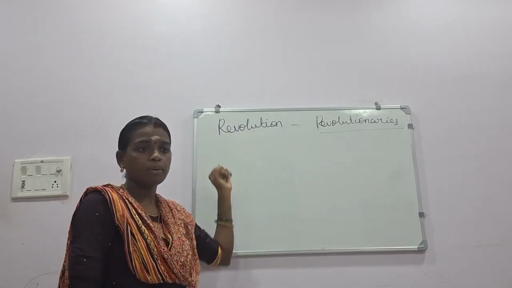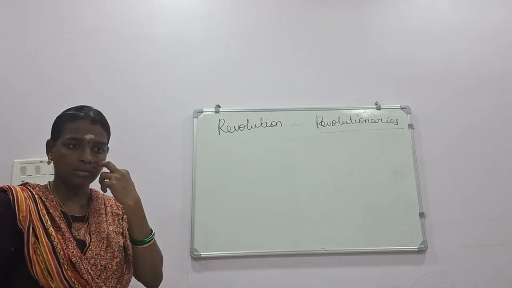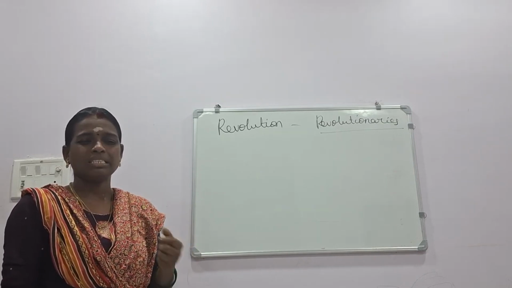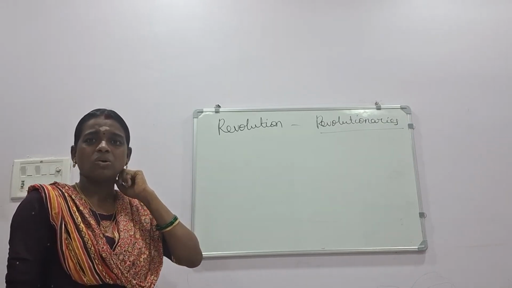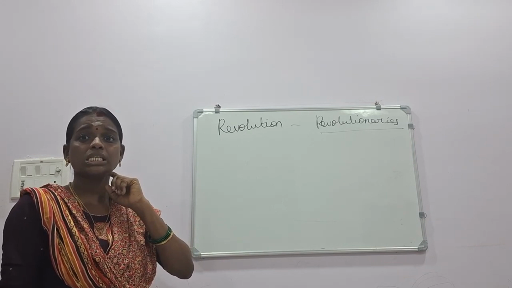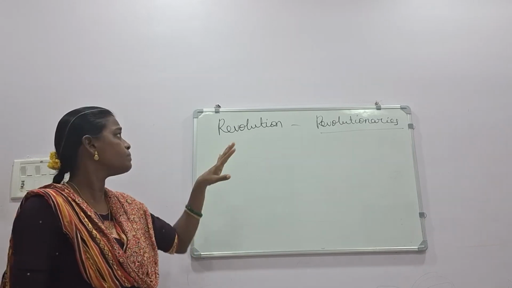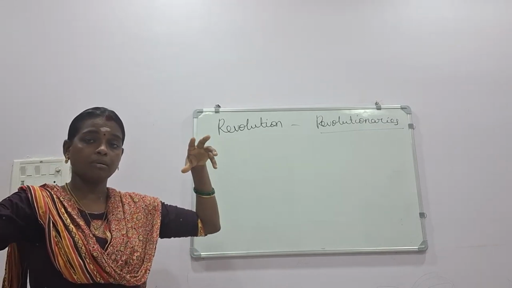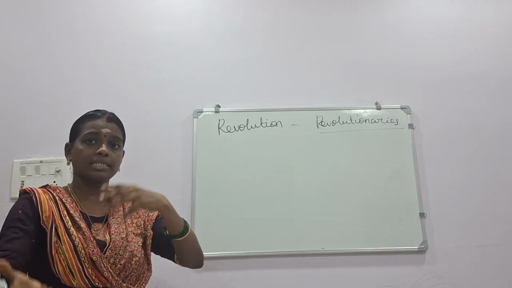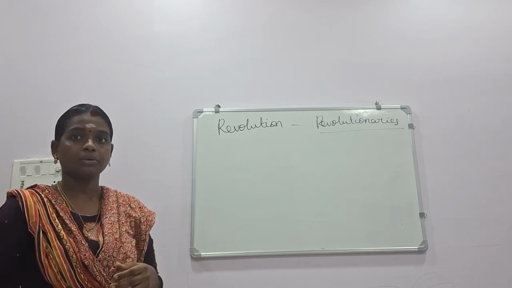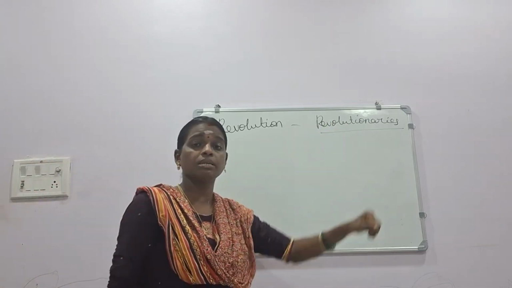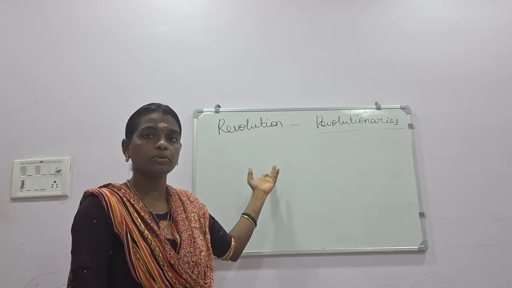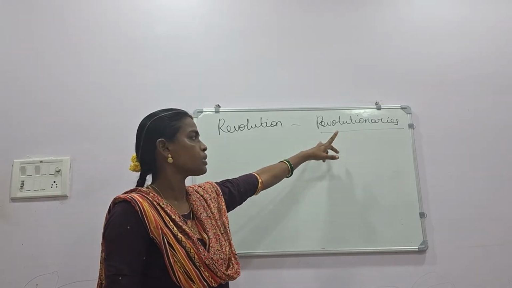Revolution means the people who fight against some government, somehow they demanded something from the government. That is like a struggle or a revolution or a mutiny. People, as a mass, fight against the government for some reason. That is a revolution. Revolutionaries mean the people who are involved in a revolution.